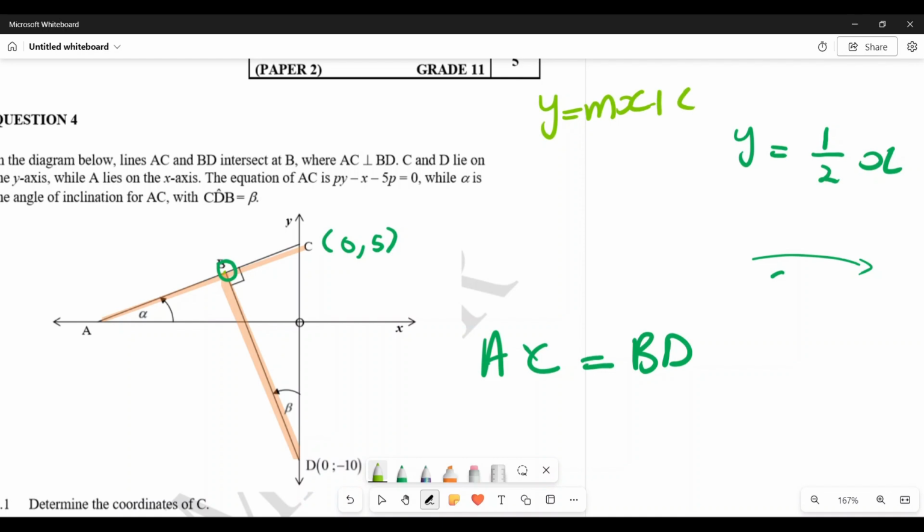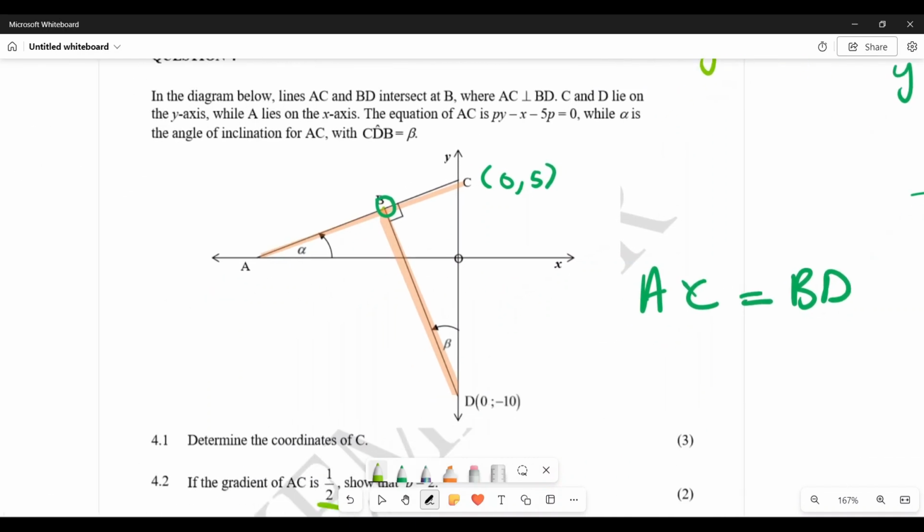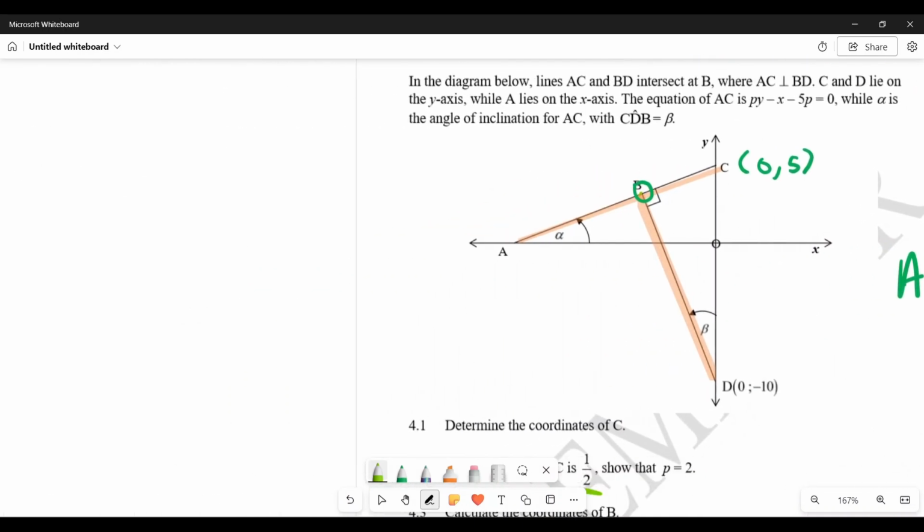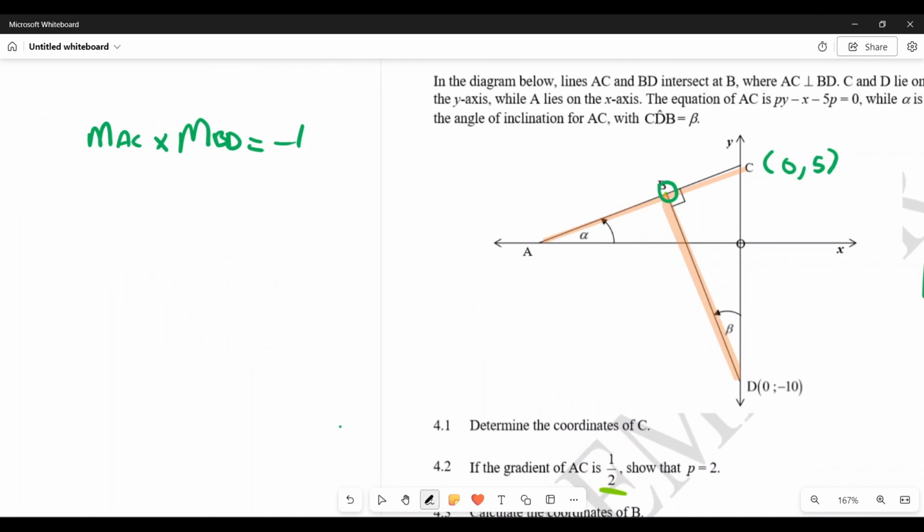So if these two lines are perpendicular to one another, I can find the gradient of BD, right? Because if I take my gradient of AC and I multiply it to the gradient of BD, I expect to get -1. Now, the gradient of AC, I was told that is equals to 1 over 2. So basically, if I take 1 over 2 multiplied to the gradient of BD, I expect to get -1.